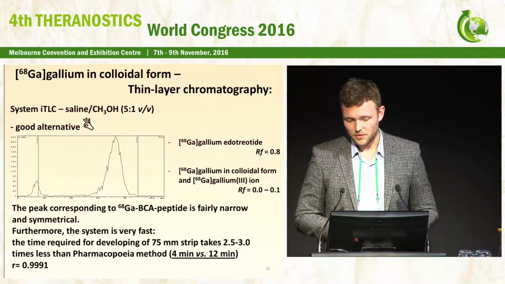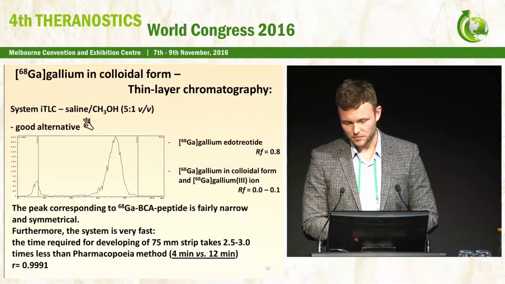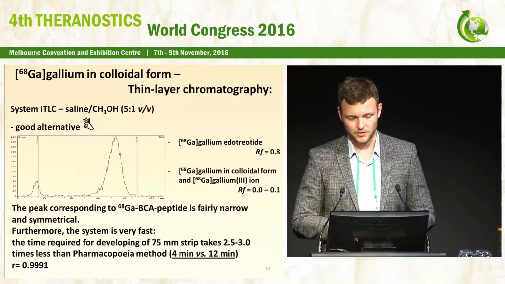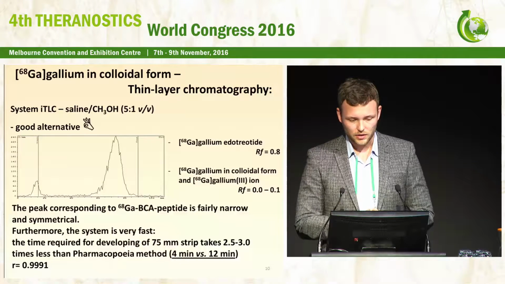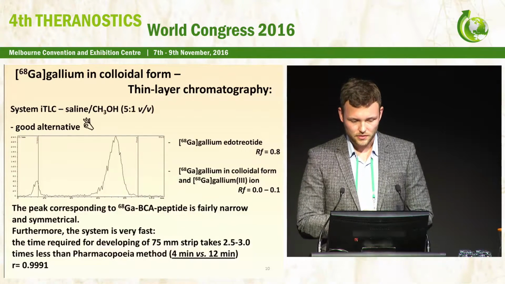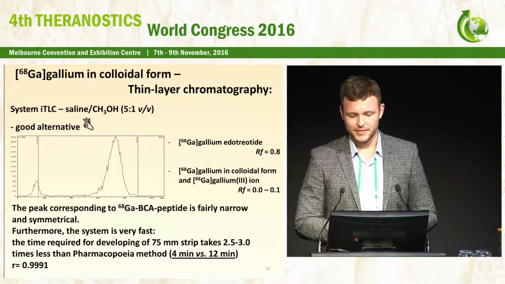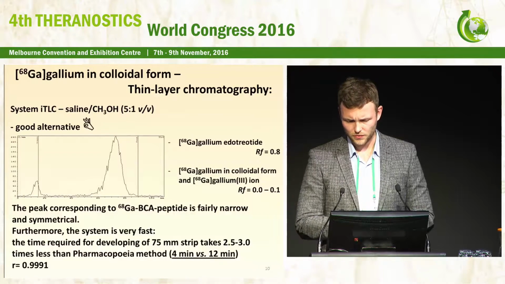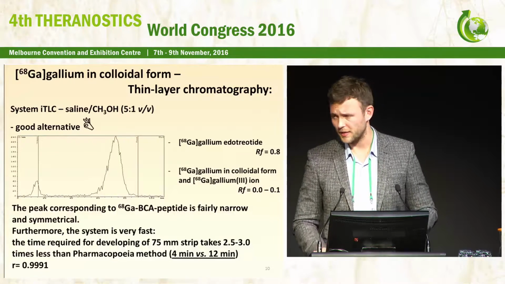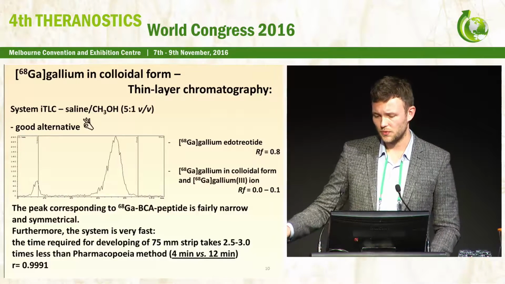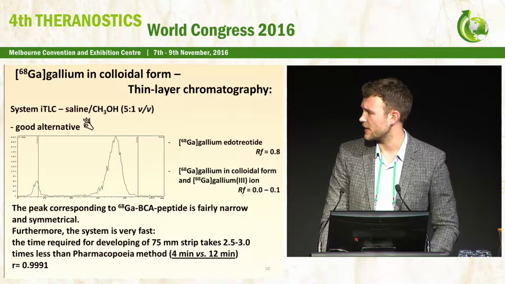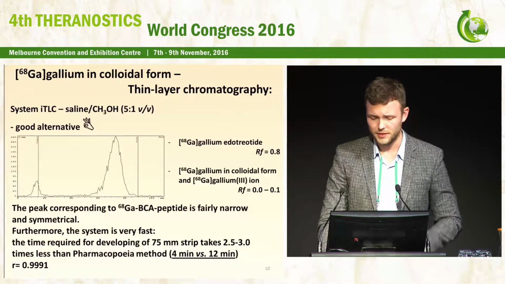Another system, not so widely used but still well known, can be better. This is a system with a mixture of saline and methanol in a 5:1 proportion. In this system again, the peptidic fragment moves with the solvent front, and the gallium colloid and free gallium stay at the origin.